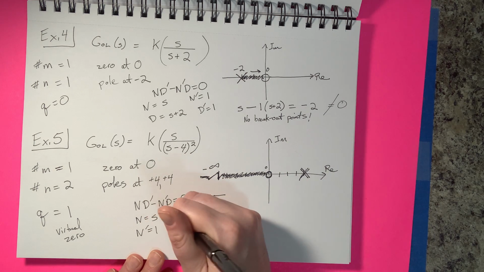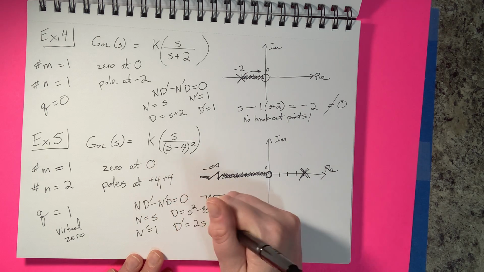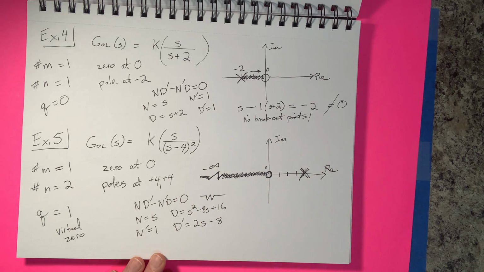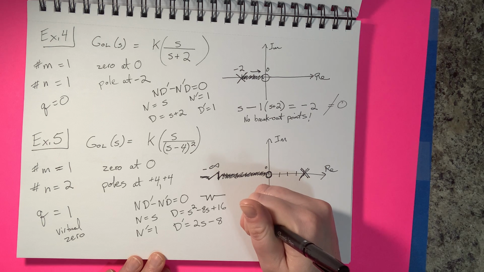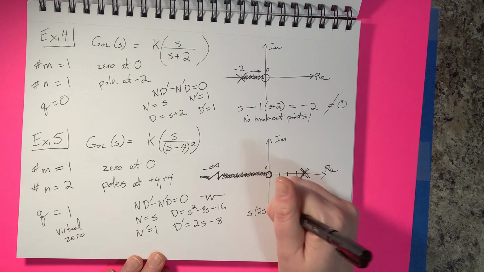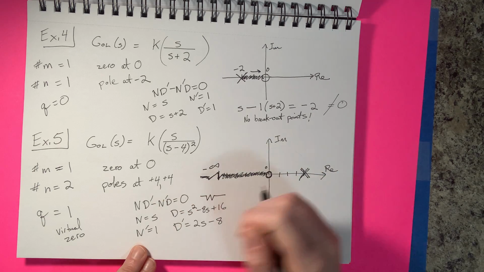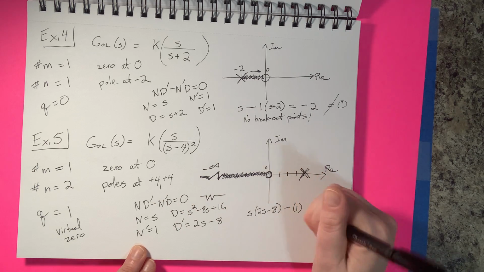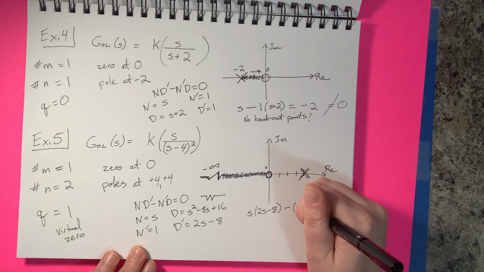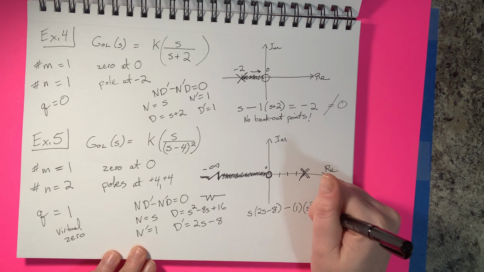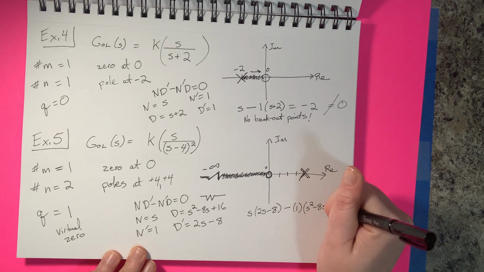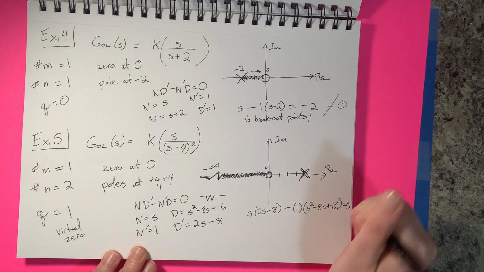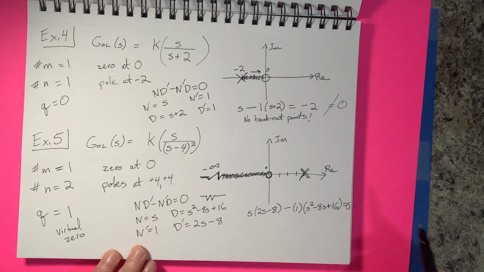And that means that d derivative is 2s minus 8. All right, so now we plug this into the formula. We've got s times 2s minus 8 minus n derivative, which is 1 times the d, which is s squared minus 8s plus 16. And we set all of that equal to 0, just as in the formula.